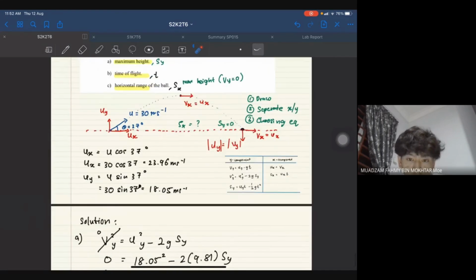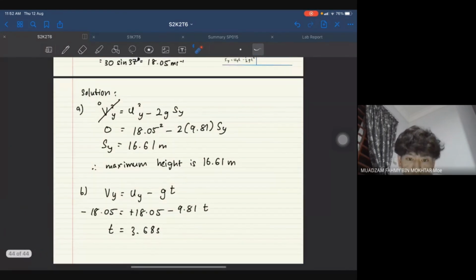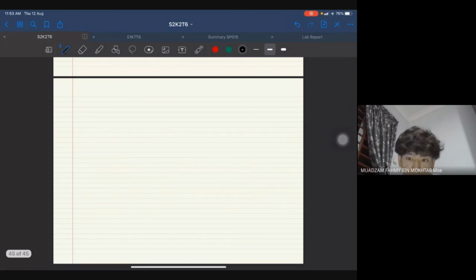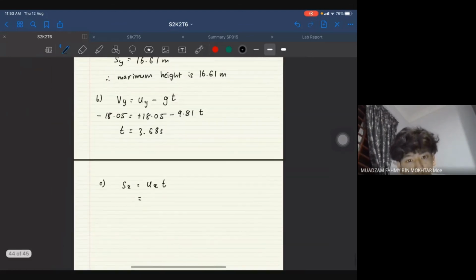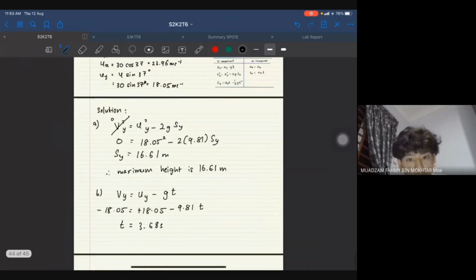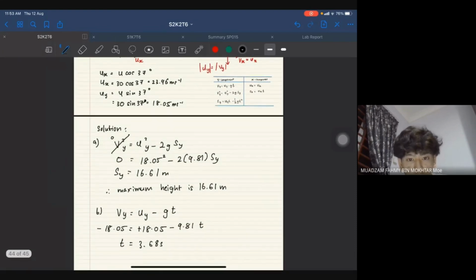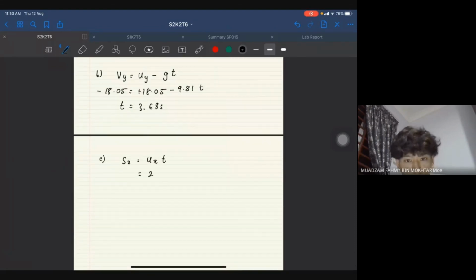Memang soalan ni biasalah, sekali dia tanya Sx, find the range. Okay, since we know that Ux is equals to 23.96, it is to the right, so it's positive.